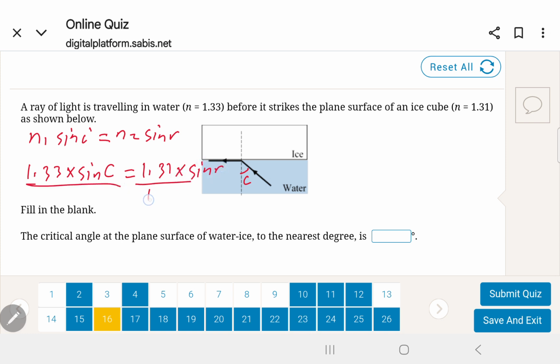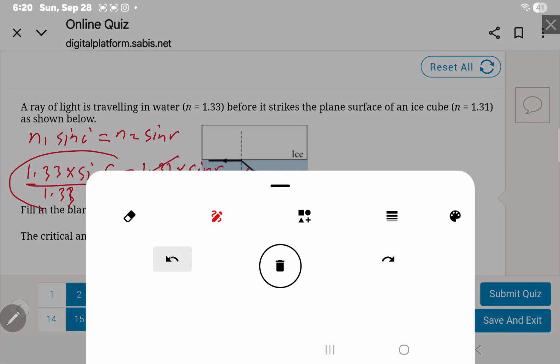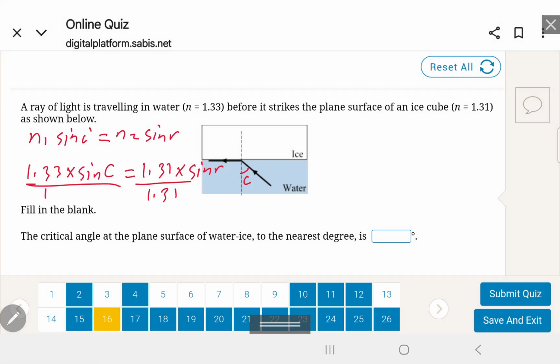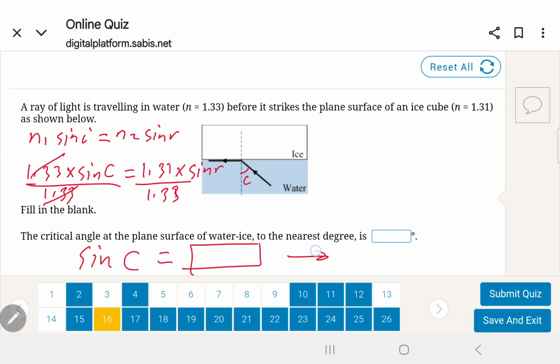Now you divide both sides by 1.33 to cancel these. Now sine C would be on the calculator this, and then you do C equals sine inverse of this amount. Then you write the answer to the nearest degree.